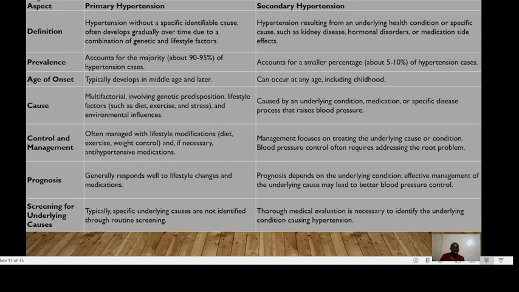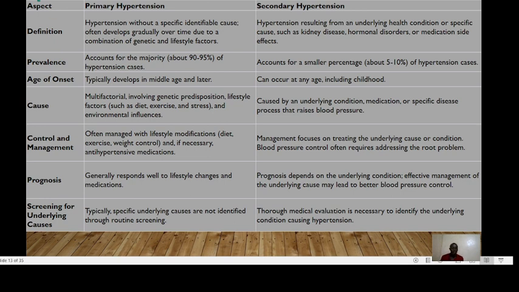Primary hypertension, in terms of control and management, is often managed with lifestyle modification, could be diet, exercise, weight control, and if necessary, use of antihypertensive medication. Secondary hypertension, on the other hand, management focuses on treating the underlying cause or conditions. Blood pressure control often requires addressing the root problem.